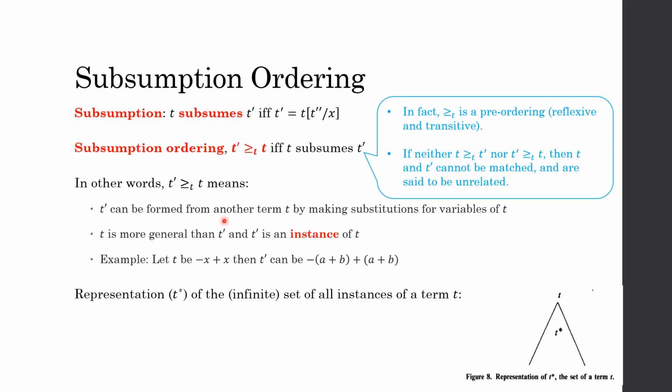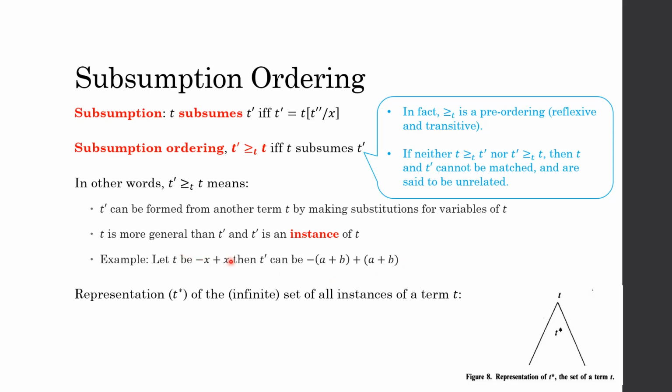For example, t is negative x plus x. t prime can be obtained by substituting x with another term, so in this case t prime will be negative (a plus b) plus (a plus b), with every occurrence of x replaced. So this is an instance of t.